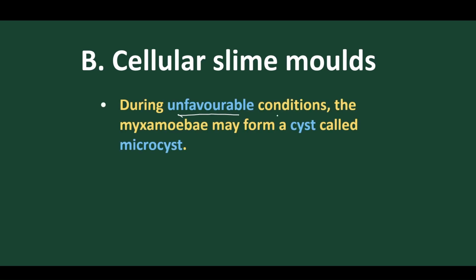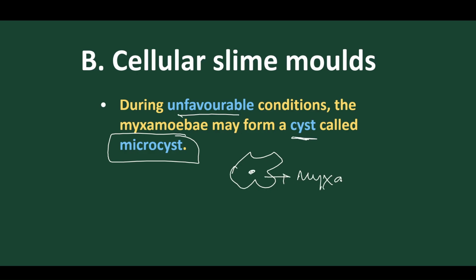During unfavorable conditions, they form cysts, and the formation of a cyst is called a microcyst. For example, this is a myxamoeba. Suppose the condition is adverse.